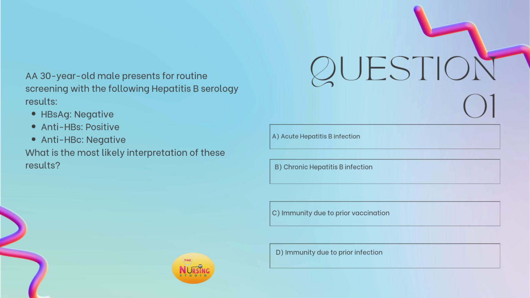And the anti-HBc, which is your core, is negative. So that lets us know that they do not have prior exposure. Remember the core, the little c, is your IgM, your IgG. So when that's negative, but the antibodies are positive, that anti-HBs being positive, that lets us know they must have been vaccinated. So the best answer is C, immunity due to prior vaccination.